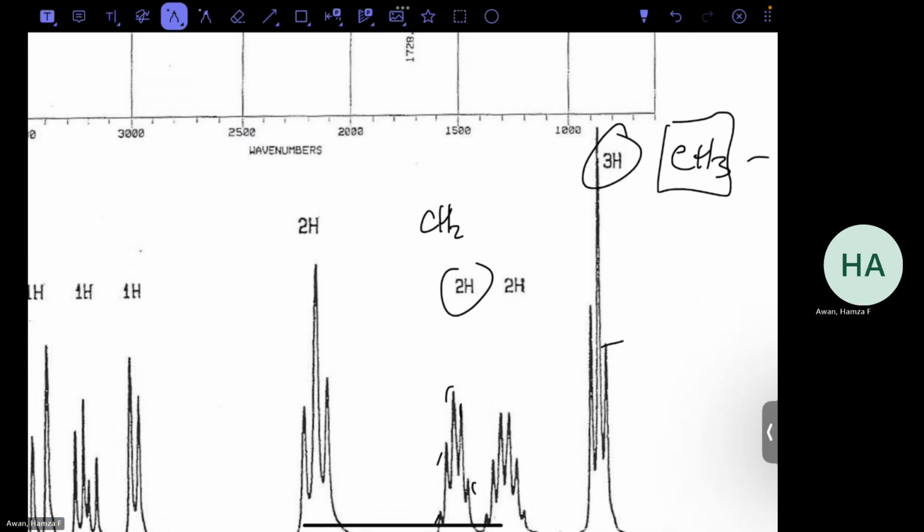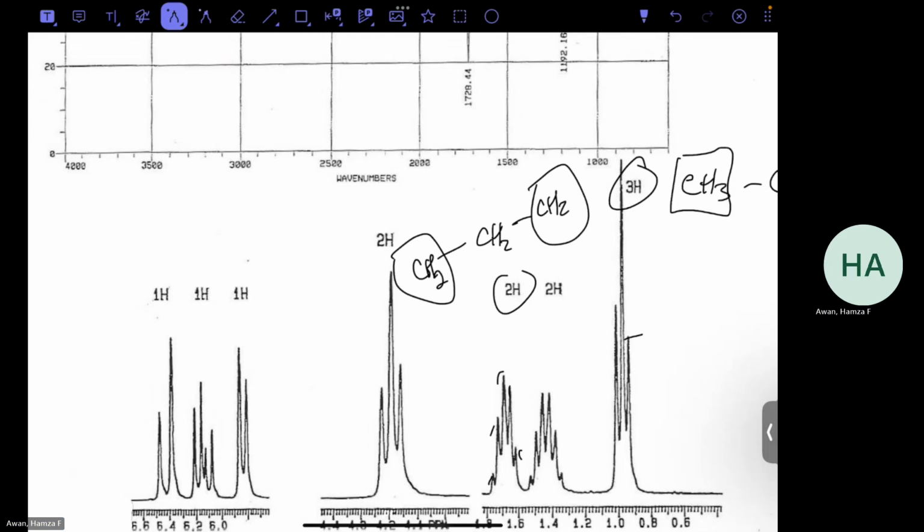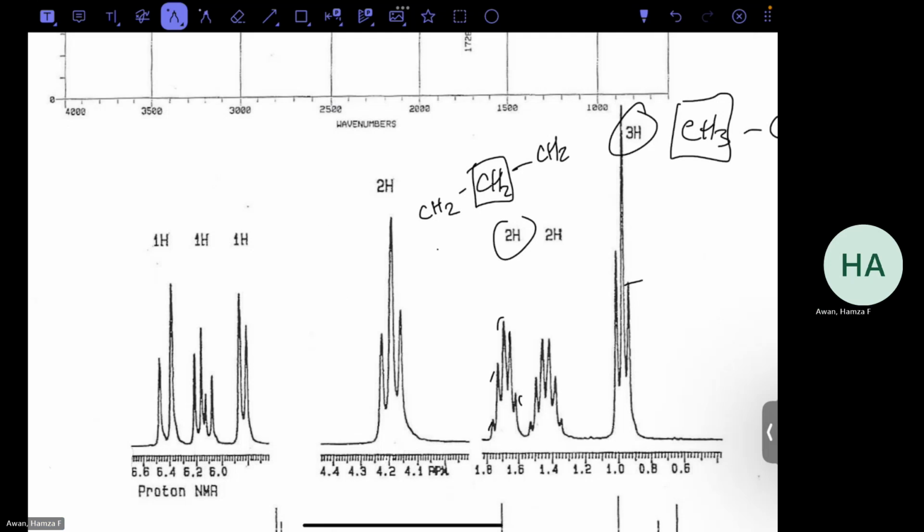So minus 1, that means it has CH2s on either side. Let's box that.